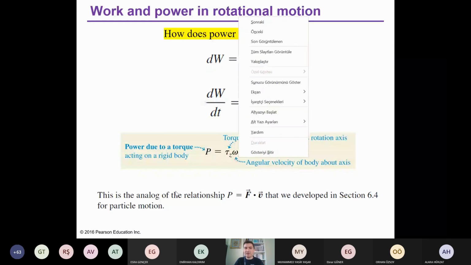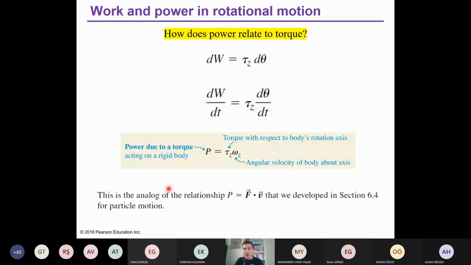And remember the power which we have learned in chapter 6 for particle motion. This power is given by force times velocity. So they look very similar. As I told you, if you know the information from the previous chapters, then you can find a relation between the linear motion and rotational motion, and you can better understand the topic.